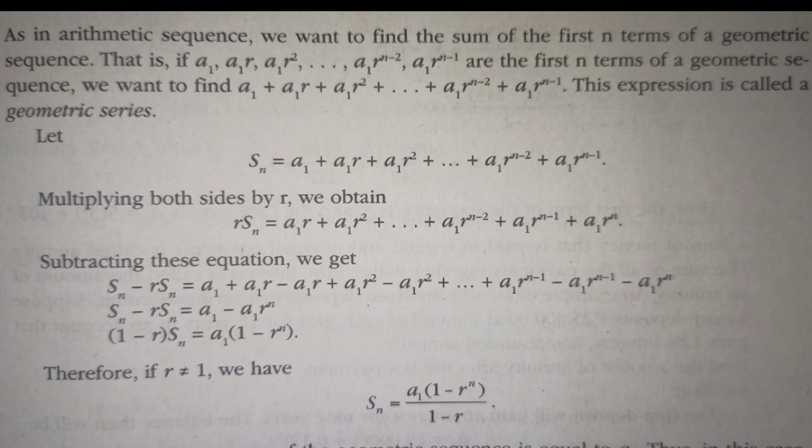So S sub n minus r S sub n equals a sub 1 minus a sub 1 r raised to the power of n. The quantity 1 minus r times S sub n equals a sub 1 times the quantity 1 minus r raised to the power of n. Therefore, if r is not equal to 1, we have S sub n equals a sub 1 times the quantity 1 minus r raised to the power of n over 1 minus r.